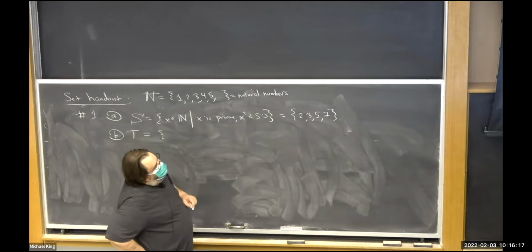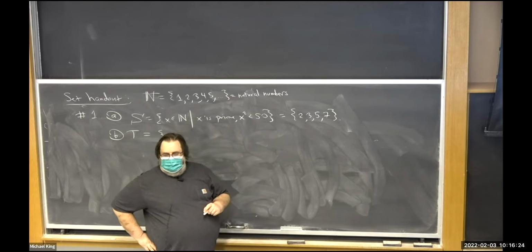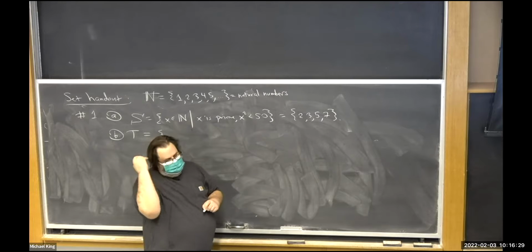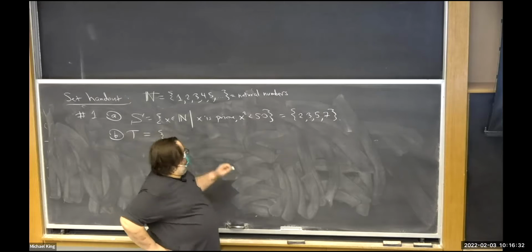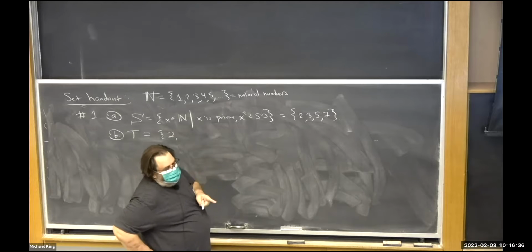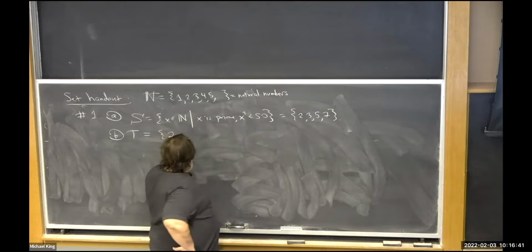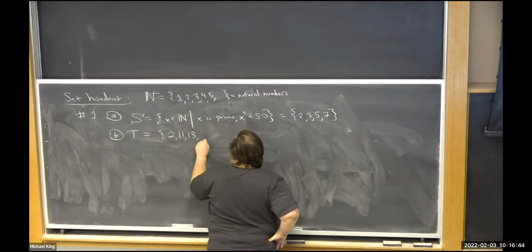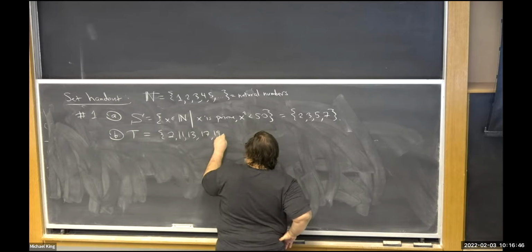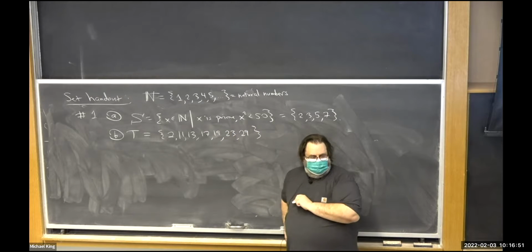So what numbers satisfy that? 2 satisfies, right? 2 is prime and 2 is even. Okay, and then what else? 11. So then you just list the primes from 11 to 30, right? I think that's what that was. Good.